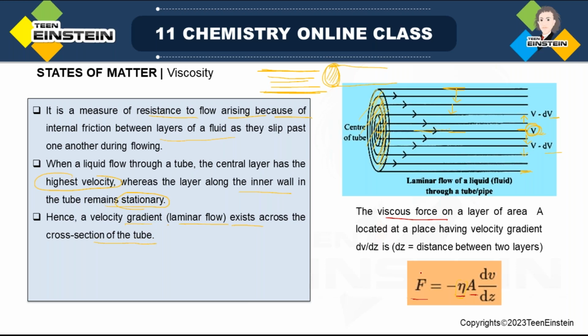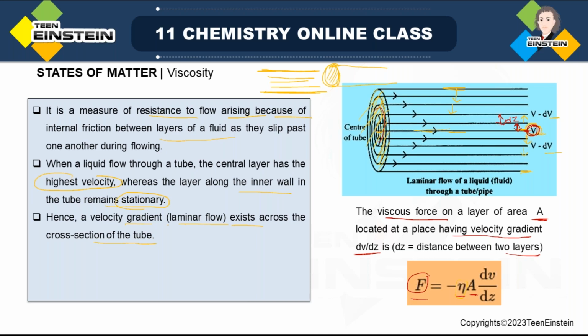This is the viscous force F on a layer of area A. Consider any layer with some particular area, located at a place having velocity gradient dV/dz. Here dz is the distance between two layers. So suppose this distance is dz, and here too you can take the distance as dz.